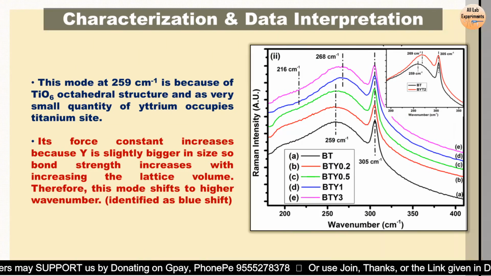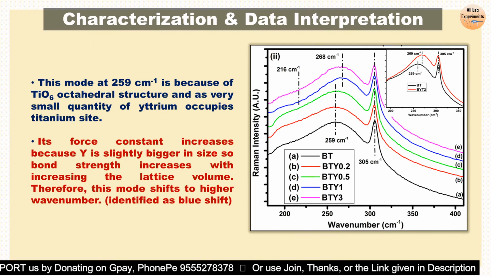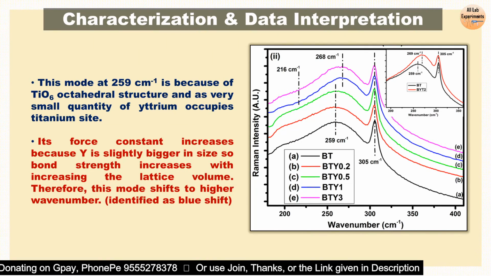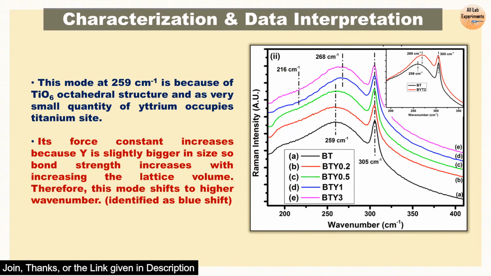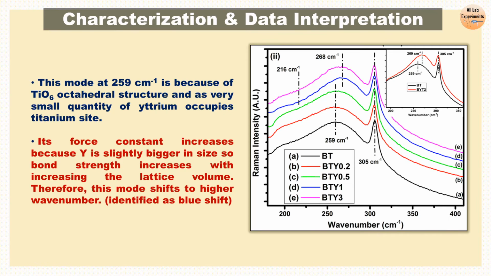Here also we can see a shift in the mode present at 259. Now because of some yttrium doping, it has shifted towards higher wave number, and correspondingly you can see a slight dip near 216 centimeter inverse, which is just because of the shifting, the envelope is behaving like this.